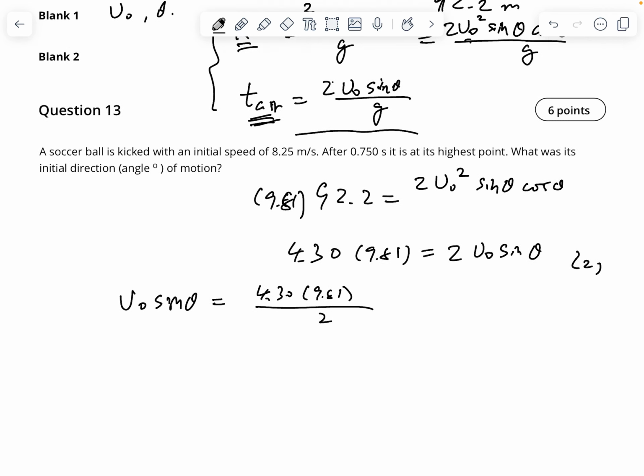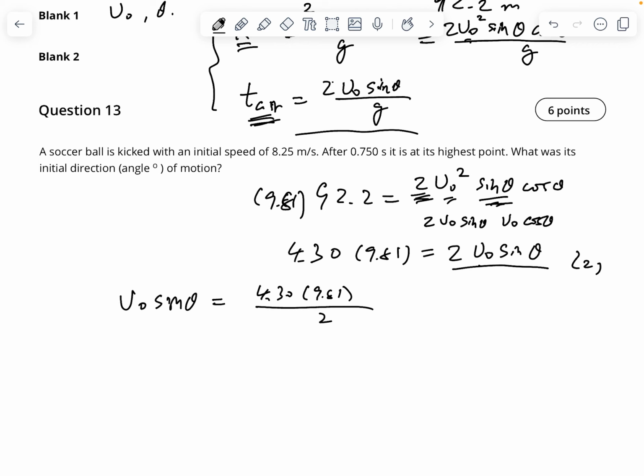And then we can substitute 2 V naught sine theta into the other equation, so we have 2 V naught sine theta times V naught cosine theta.